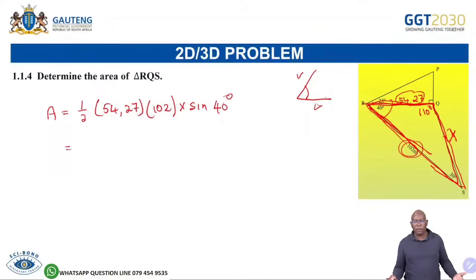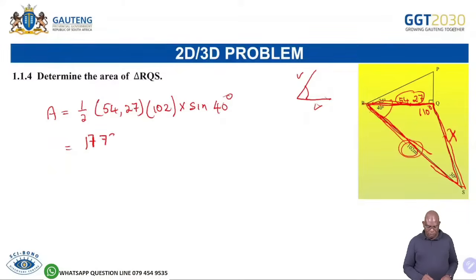Okay, then immediately my calculator gives me, I think, 1779.09. Remember, it's in meters. It's very important that you also write your units. It's meters squared. So I must also include those squared. Meters squared. Okay, and that is the area of that triangle.